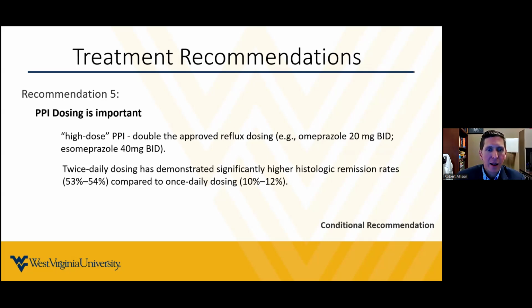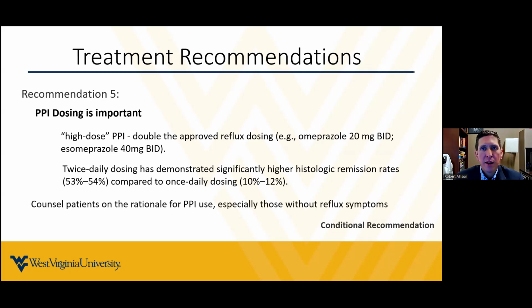But again, the patient is going to wonder, why am I going on a PPI if I don't have heartburn? But it's up to us to encourage them and educate them to say, well, it's not really a heartburn issue that you have going on. It is this immune-mediated allergen response, and PPIs can help decrease the eosinophils and some of the structural changes that we can see, even though you may not be having symptoms.